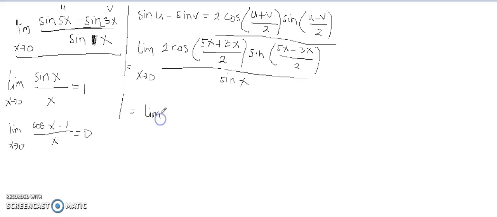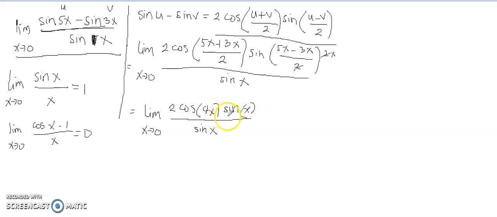So, as we simplify, 2, simplify natin yung angle, cosine 5x plus 3x is 8x divided by 2. So, meron tayong 4x times sine, okay, 5x minus 3x is 2x, diba? And then may 2 doon, so cancel. So, sine x divided by sine x as x approaches 0.